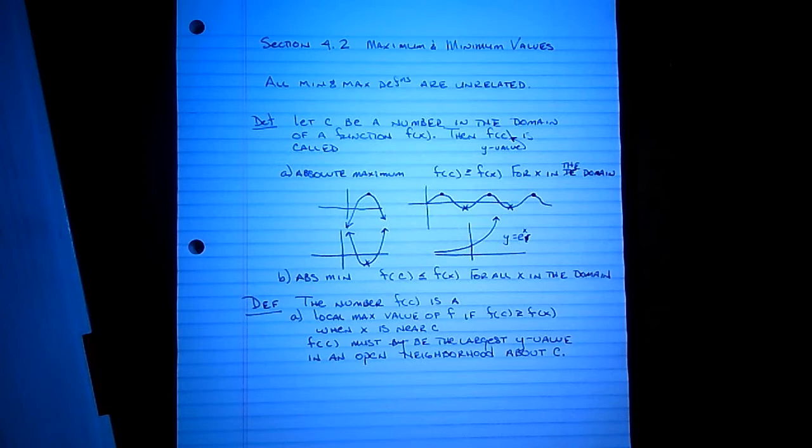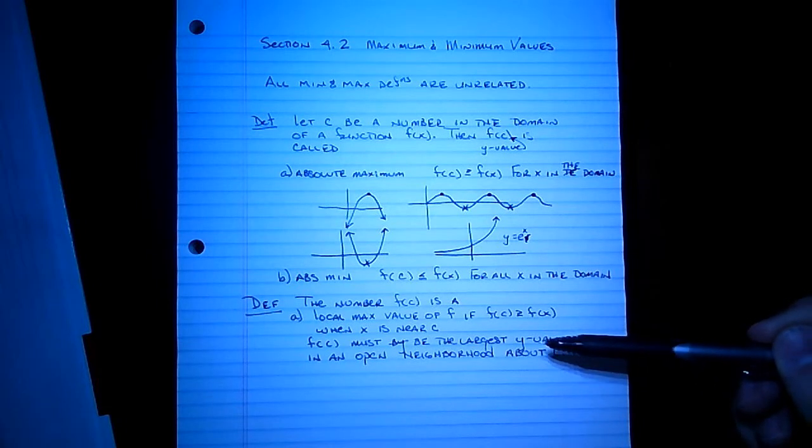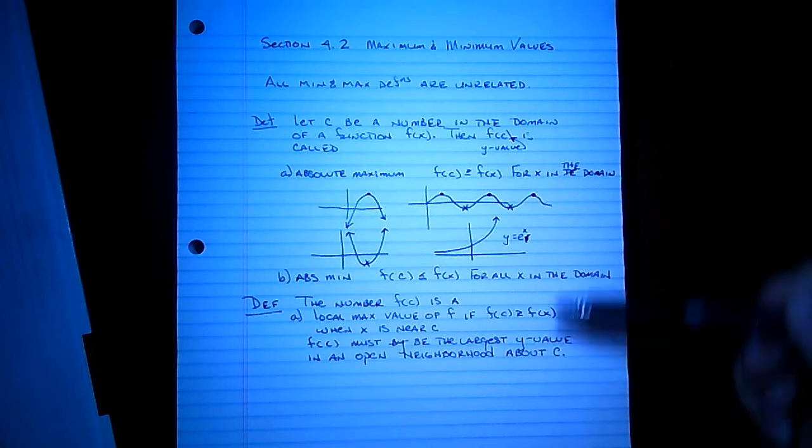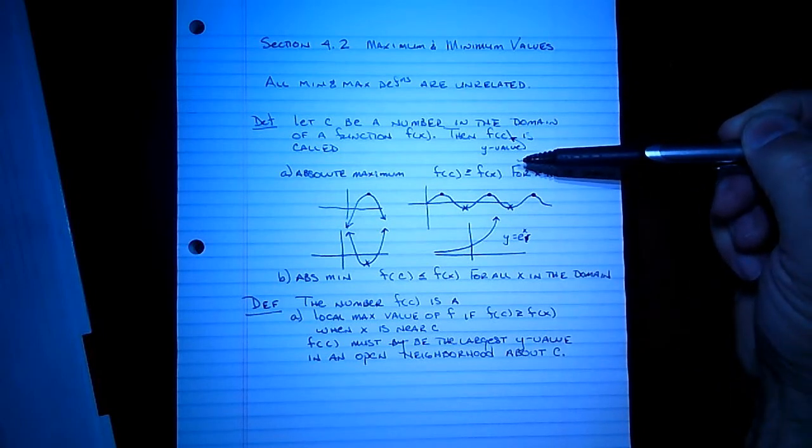So to make this as approachable as possible, I would suggest that we just think of an open neighborhood as an open interval. Okay? And I'm going to go through a myriad of examples in a few minutes, and do my best to make sure that we can differentiate between our local maximum and our absolute maximum.